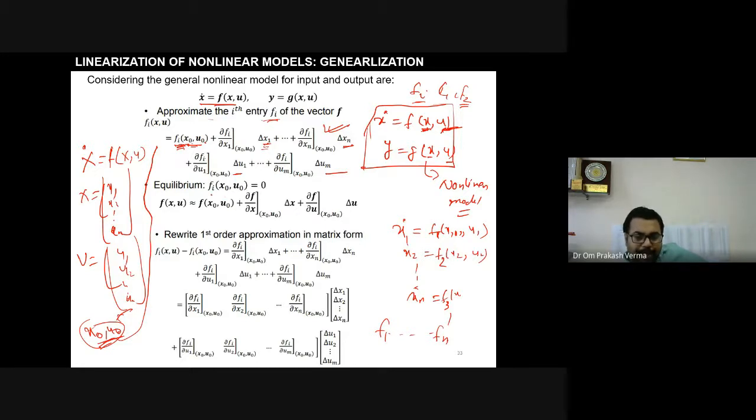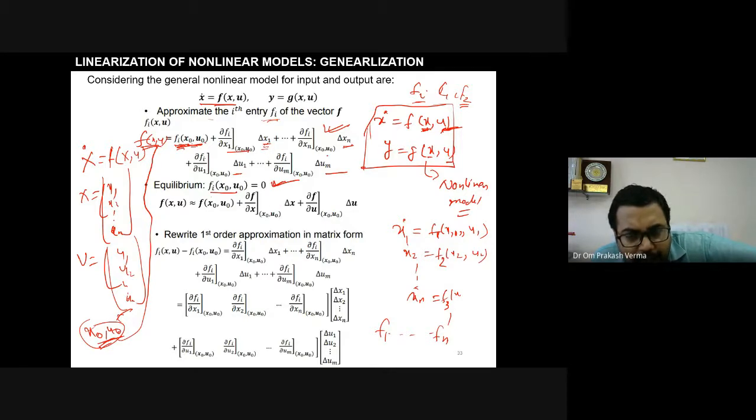So now we have taken the equilibrium point, and we are considering it equal to 0. If it is 0, then what happens? Then f(x, u) is nothing but this value plus this value.